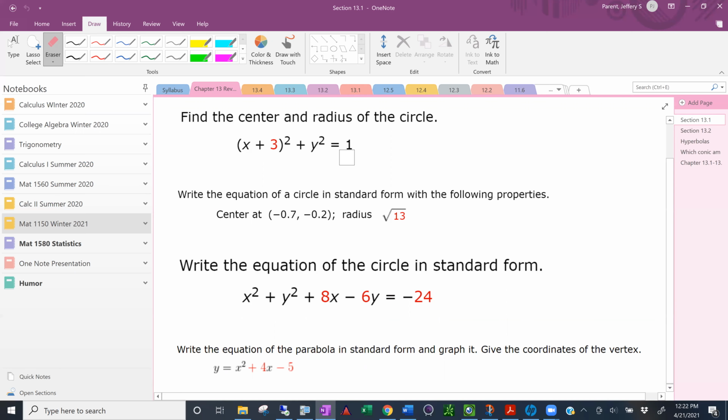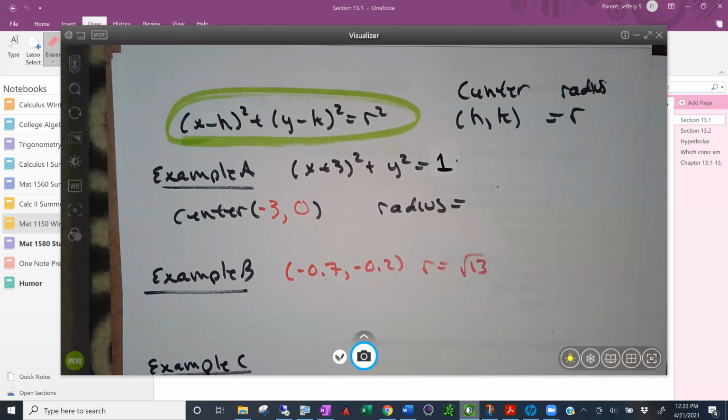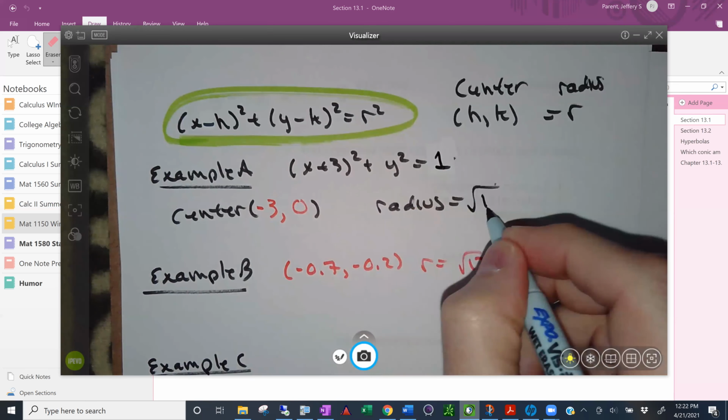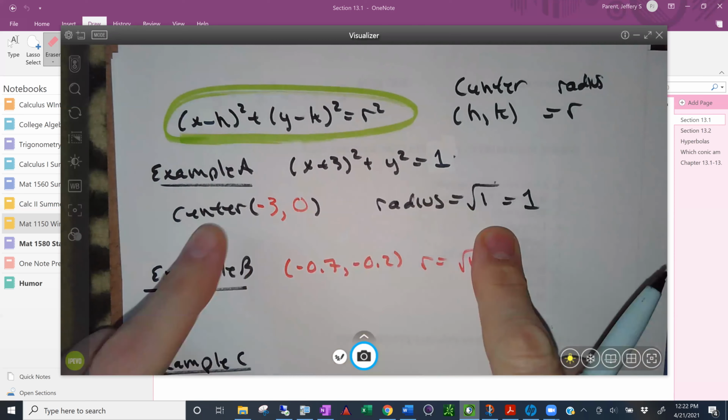The radius, you don't have to put the square root of 1. I'd much prefer to see you put a 1. And there's your answer, center and radius.